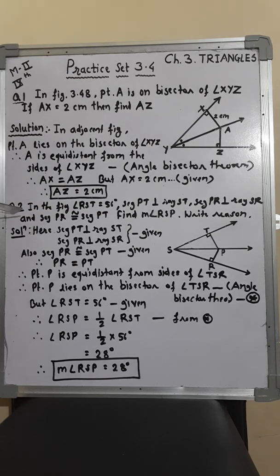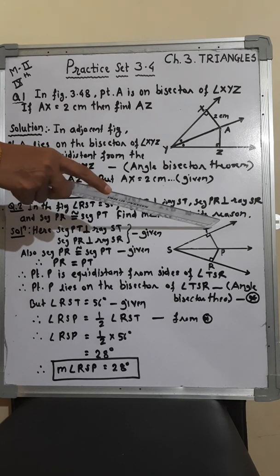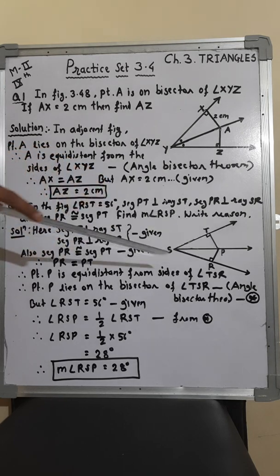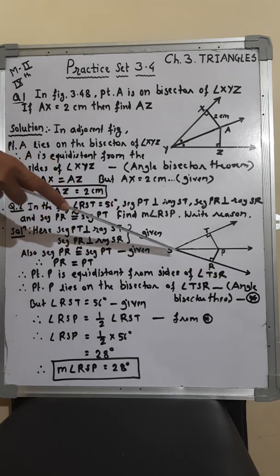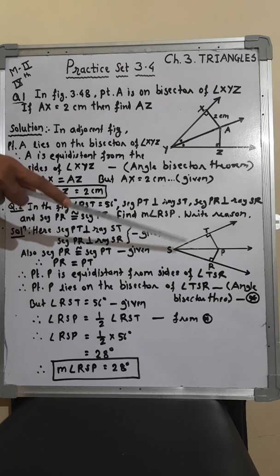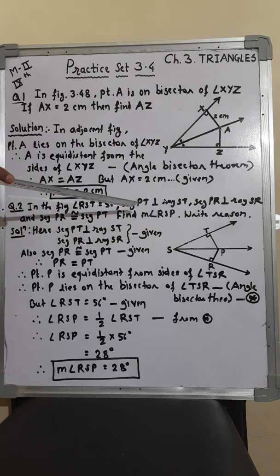Now we have to solve question number 2. Again read it. In the figure, angle RST equal to 56 degrees. The measurement of this whole angle is given for you, which is 56 degrees.